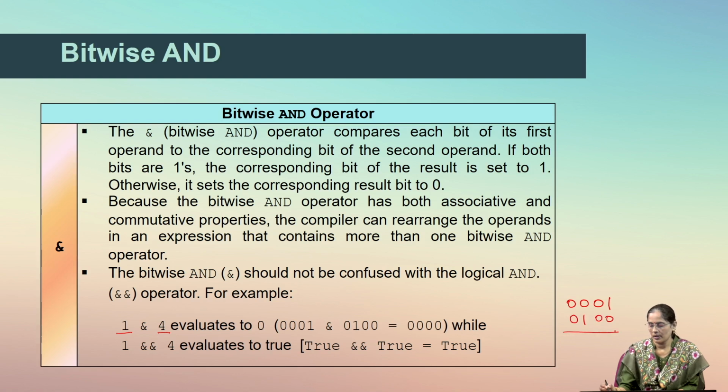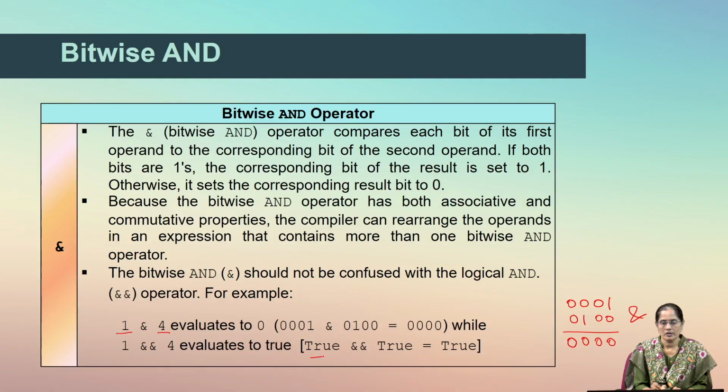So, if we apply the AND operation, which compares each bit with the corresponding bit of the second operand, if both the bits are 1, the result is 1. But since none of the bit pairs are both 1, we get all zeros when we evaluate the AND operation between 1 and 4.